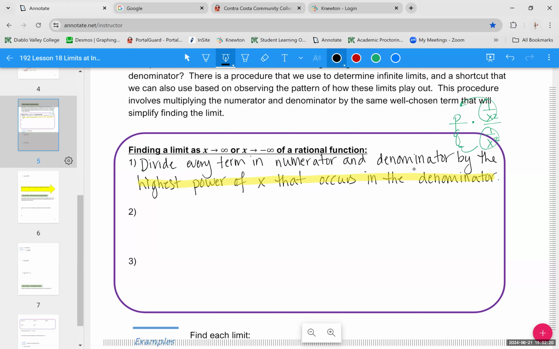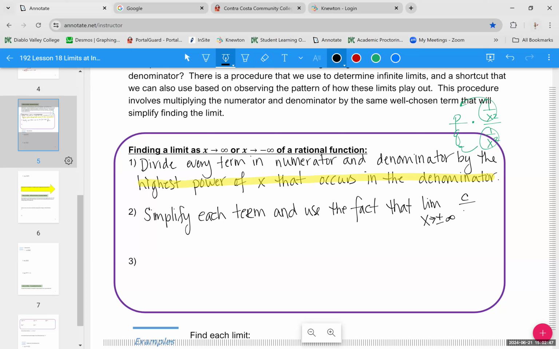Then you're going to simplify each term. And here's where our useful fact comes in. So we're going to use the fact that, remember, the limit as x approaches either positive or negative infinity of any constant over a power of x is 0.